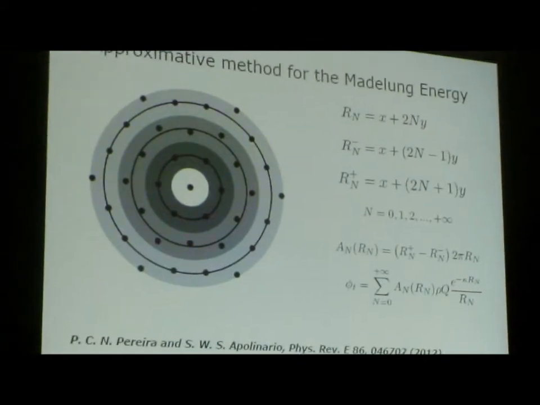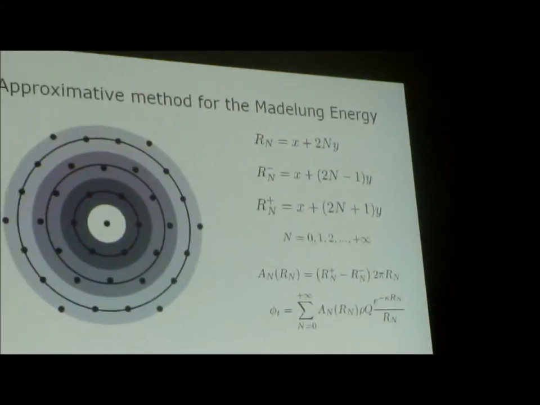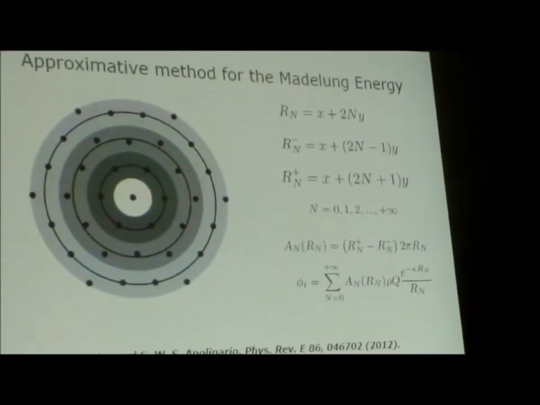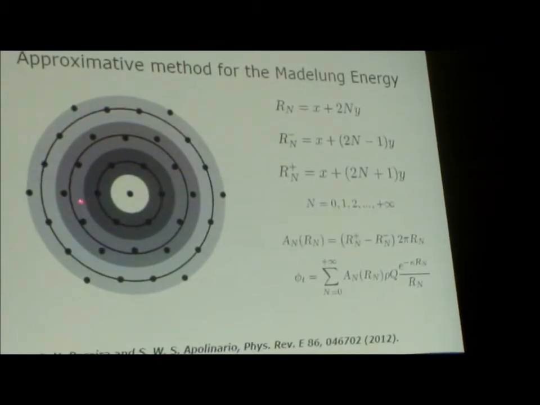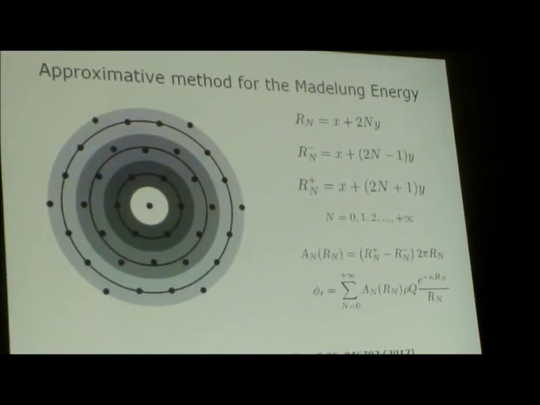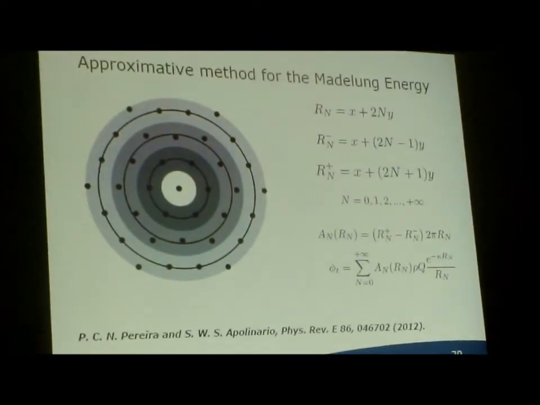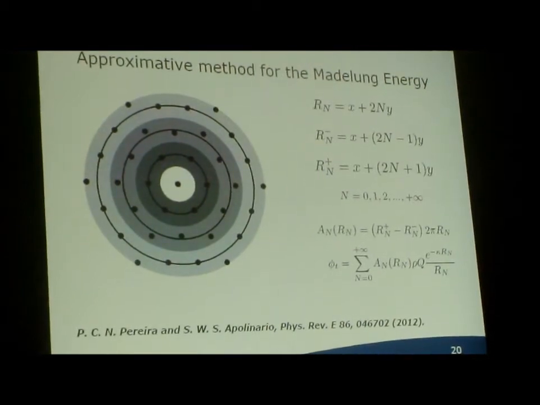So what is the Madelung energy? Is the energy due to all the particles in this point, for example. Okay? And I will discretize that in several rings, several annuli. The first one, the second one, the third one, right?